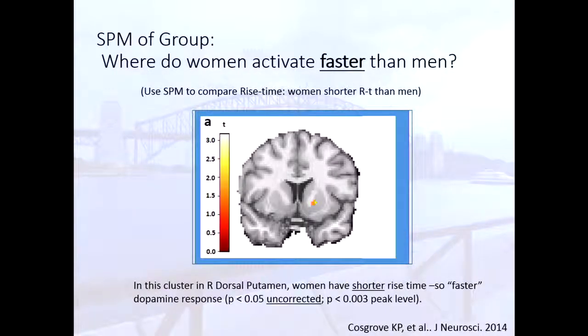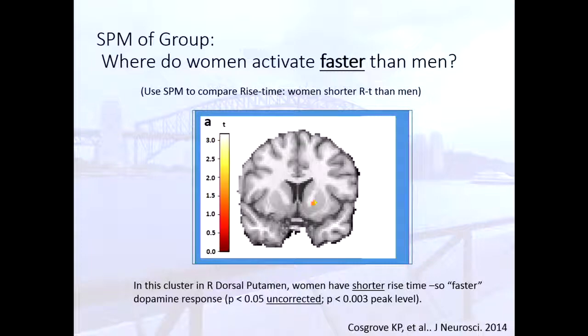So in an SPM sense, we asked, where in the dorsal striatum is there a locus where the women respond faster than the men? This is a potential area of importance, and we could find such an area, preliminarily, where the women's dopamine curves took off faster. So they were responding faster. Maybe that's important. But in any case, we have this method.